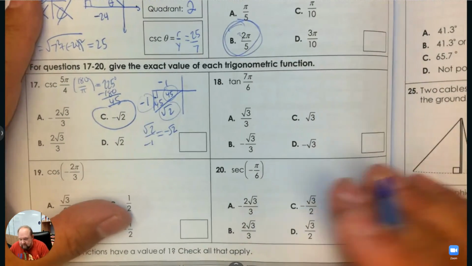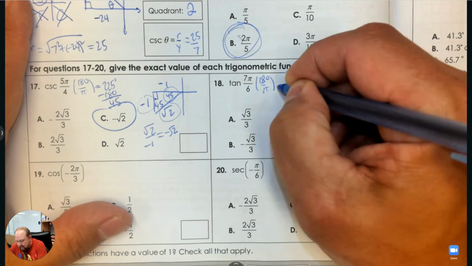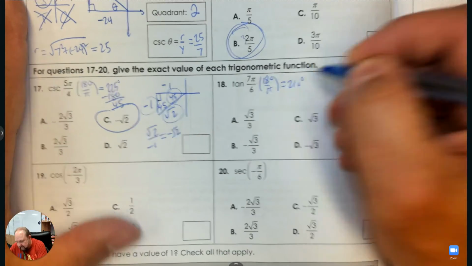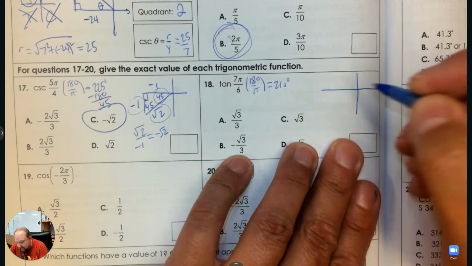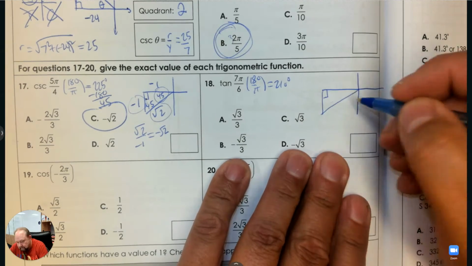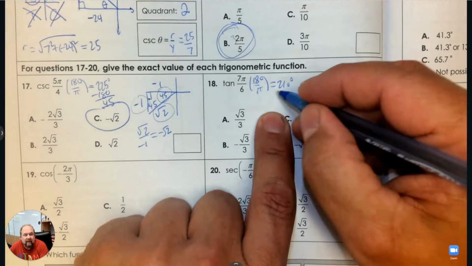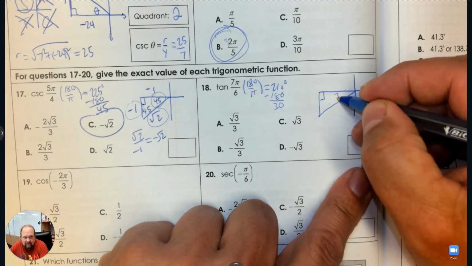All right, tangent 7 pi over 6. I'm going to multiply it by 180 over pi and simplify it. That's 210. Again, what quadrant are we in for 210? We're in quadrant number 3. And if I subtract 180 to find the reference angle, that's 30.